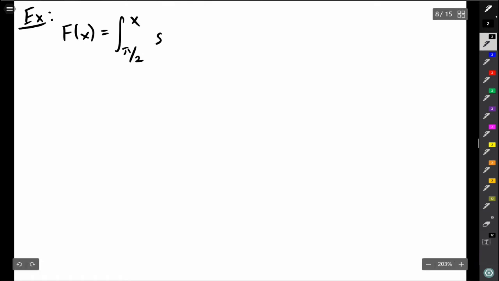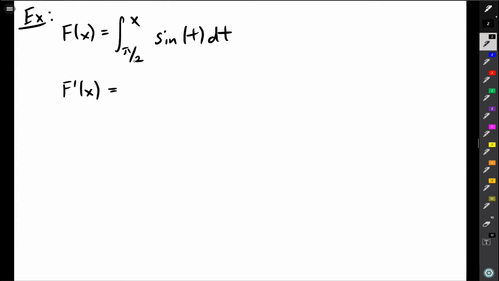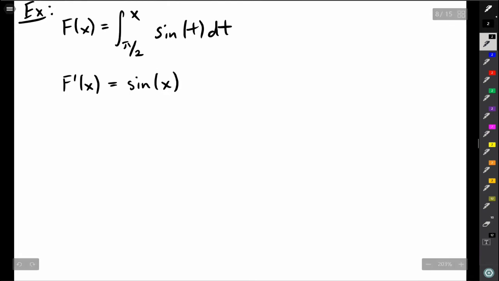Let's start with this one, of sine of t dt. Right? So fundamental theorem of calculus says, well, if I want to differentiate this, since I have a constant down here and an x up here, all I have to do is take that x and plug it in for t. So sine of x. And that's it.